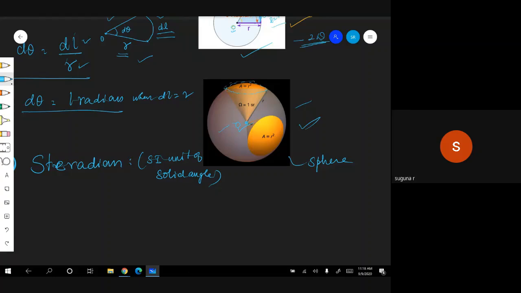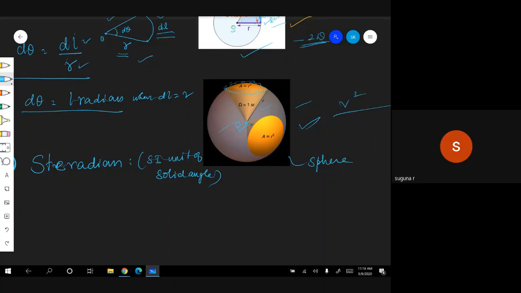There it is length, but here it is area. By the surface of the sphere whose area is equal to the square of the radius.